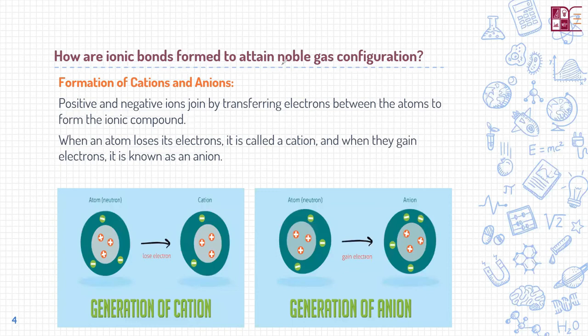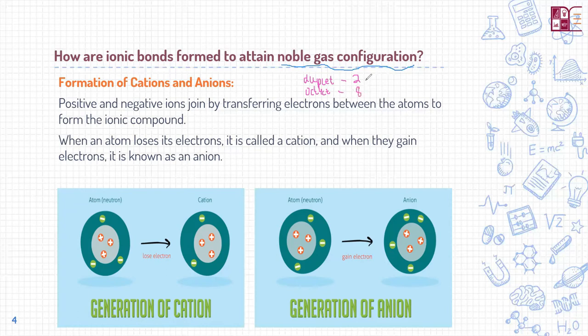Now, in one of my lectures, I told you guys, what is a noble gas configuration? A noble gas configuration is a configuration which is either a duplet or an octet. So any atom which does not have either two electrons in the outermost shell or up to 8 electrons in the outermost shell does not attain a stable configuration.